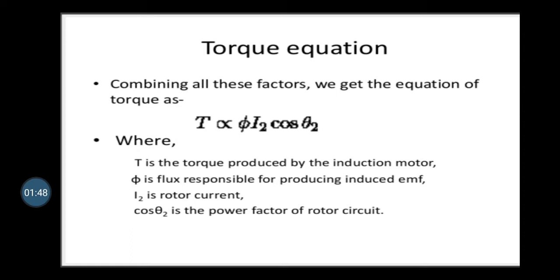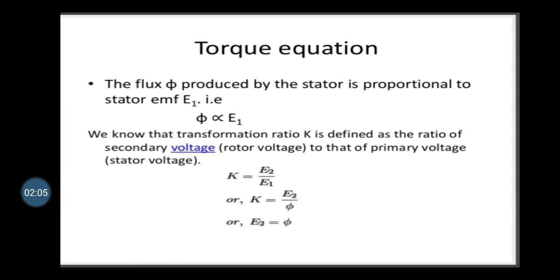And phi is the main flux or stator flux which is produced by the stator, and I2 is the current flowing through the rotor. Now phi is produced by the stator voltage E1, that means phi is directly proportional to E1, so as E1 increases, phi will increase.